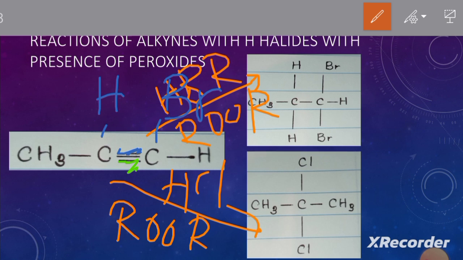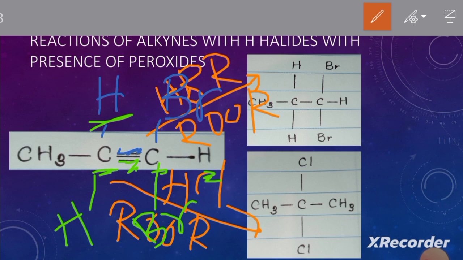So here now this is symmetric, right? This carbon has one hydrogen, and this carbon also has one hydrogen. But you should remember that when you add a hydrogen halide to an alkyne, the halogen atom goes to the same carbon. So considering that point, I am going to put Br here and hydrogen here.